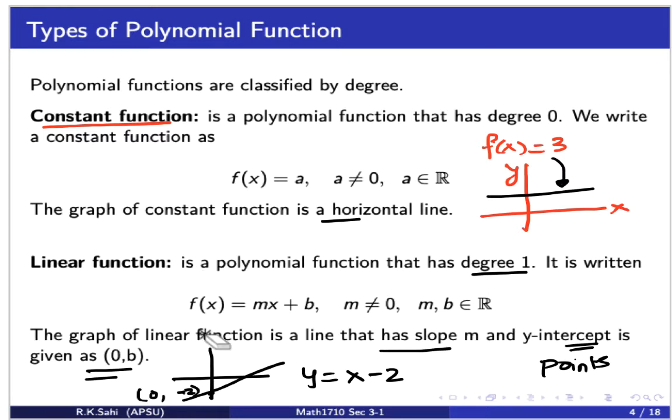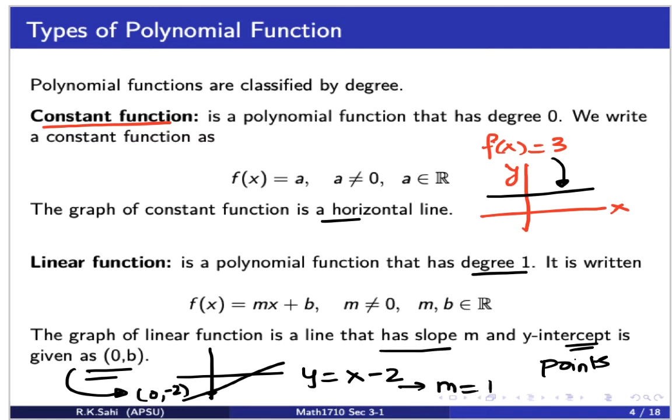Okay, let me just write that nicely here. Oops, I lost the line. That's okay. We can make the line again. And this is minus 2. So this, guys, is the y-intercept. And the slope is 1 over here. Okay, so from this equation, m is 1.